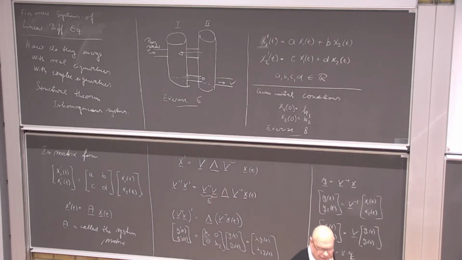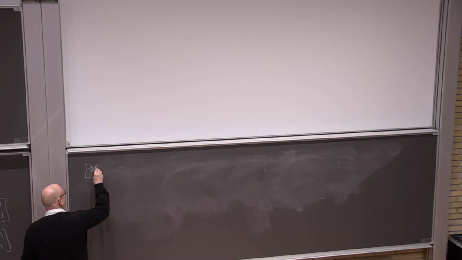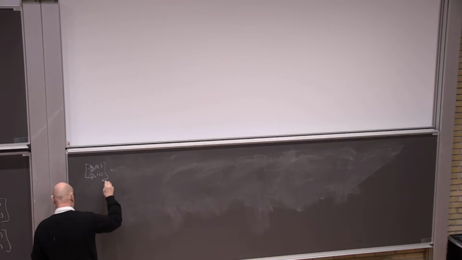So let's see what we can do about this. In fact, I can write down, or even you can write down, the exact solution to this problem. You have a function whose derivative is equal to a constant times the function itself.